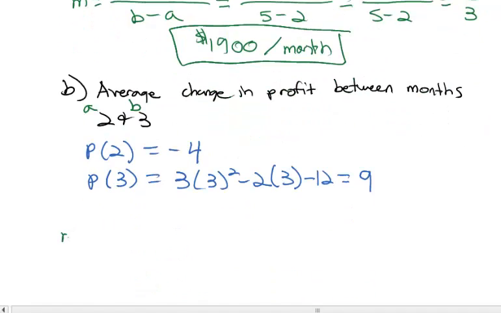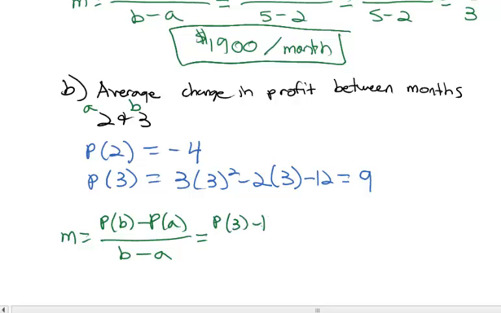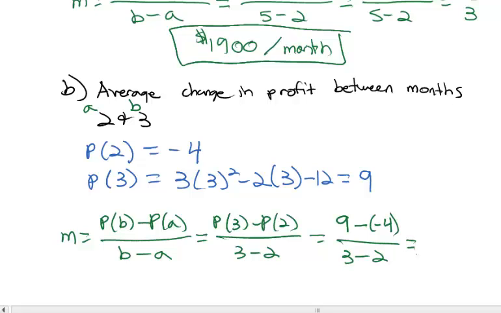And so going back to our formula, that of P of B minus P of A, all over B minus A. In this case, that's P of 3 minus P of 2, all over 3 minus 2. P of 3, we found out as 9, minus P of 2 is negative 4, all over 3 minus 2.